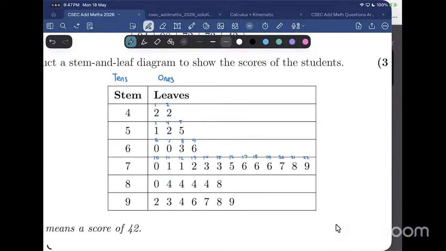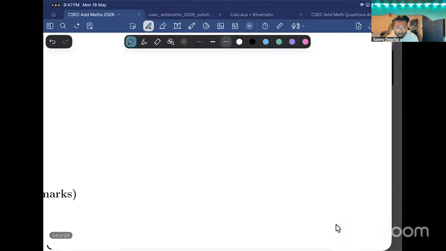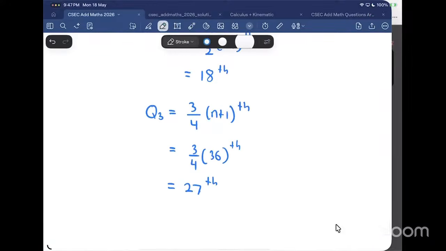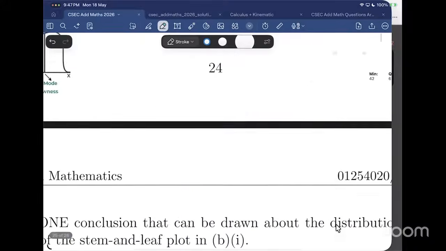Yeah. Truth be told, we just care about up to 27, because the 27th would give us our Q3. That's all we care up to.